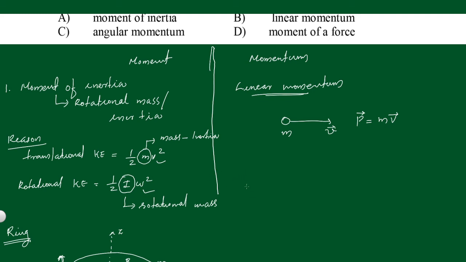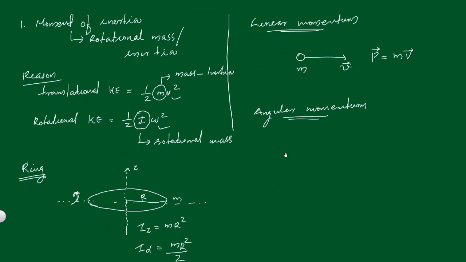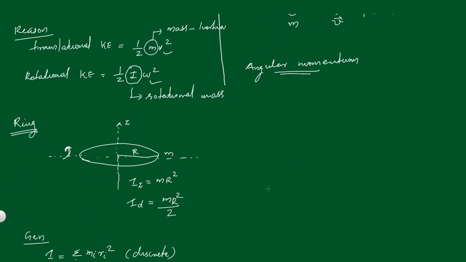Another momentum is angular momentum. Suppose a string is attached to a fixed point, and a body is attached to that string and it is rotating like this.